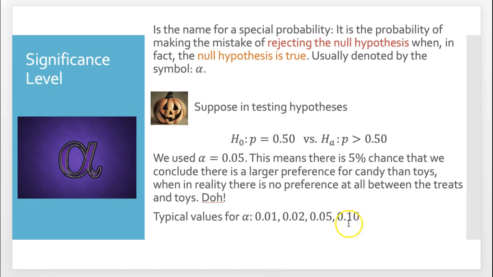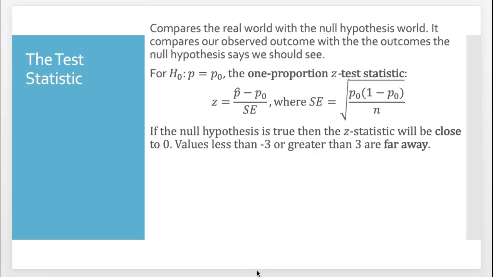Typically the smaller the number, the more evidence, right? The smaller the significance level, the more evidence required in order to reject the null. Once we establish the null and alternative hypotheses, then we establish our significance level.